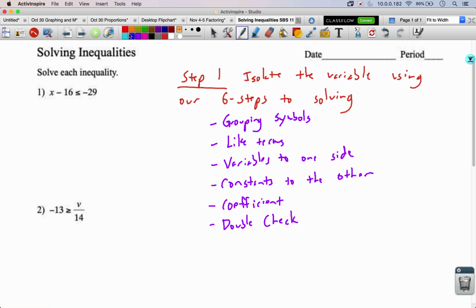So those 6 steps still apply when solving an inequality. But here are the caveats.